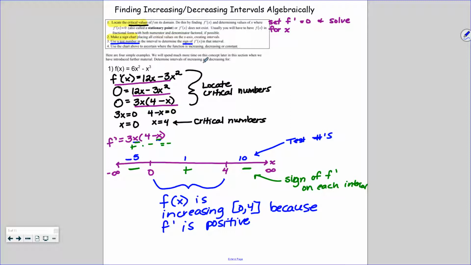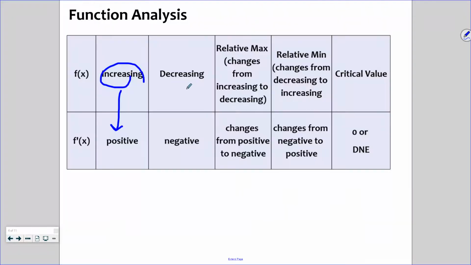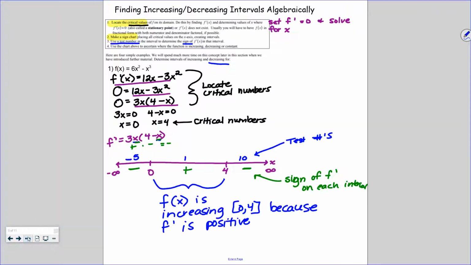And then I also have to determine where f is decreasing. So if I go back to my chart, a function is decreasing when f prime is negative. So then I look at my sign chart for f prime, and I see that f prime is negative from negative infinity to 0 and also from 4 to infinity.